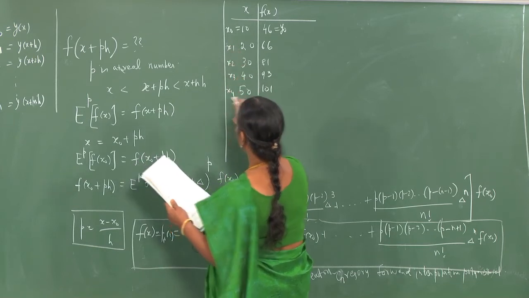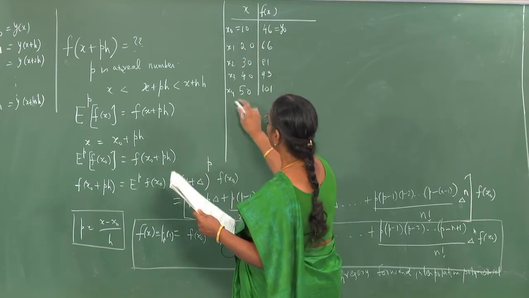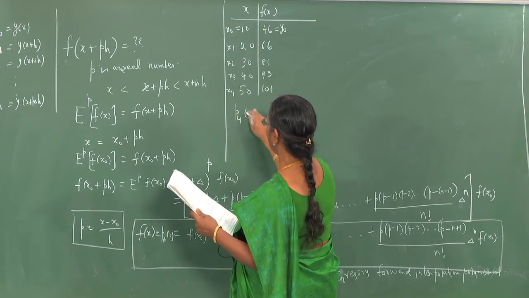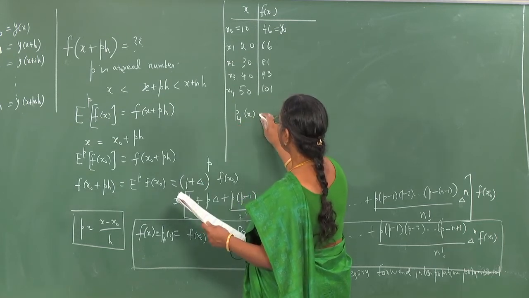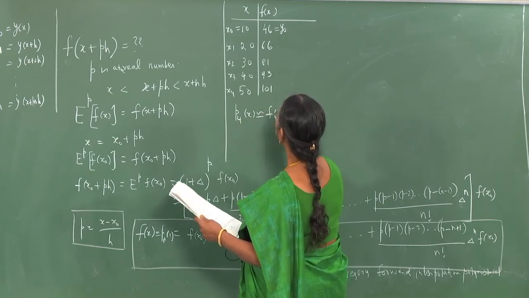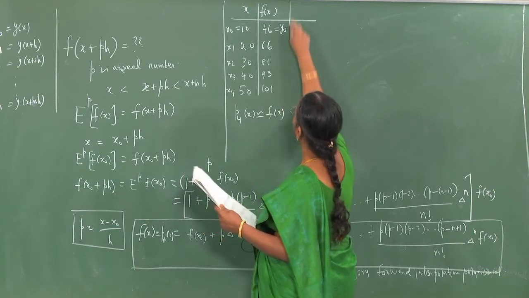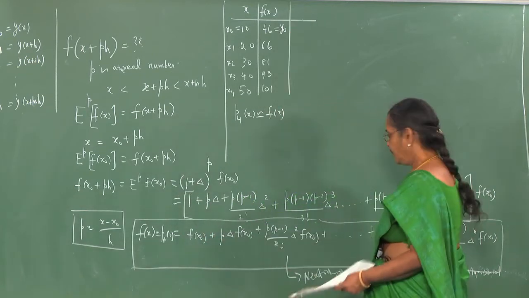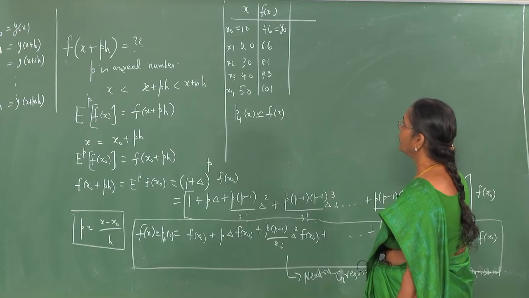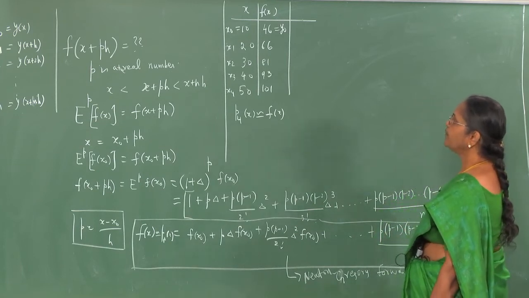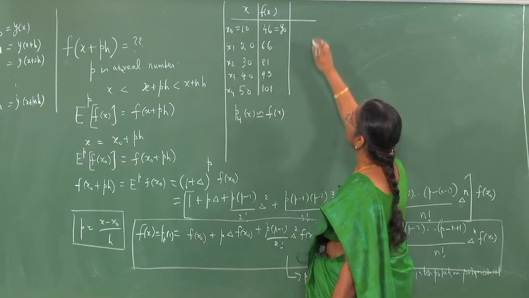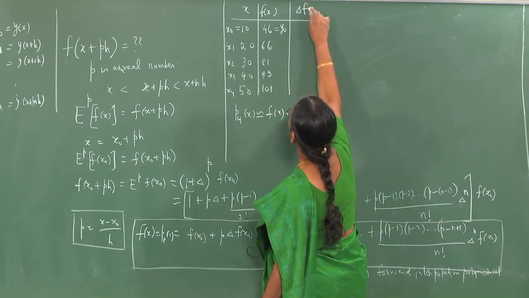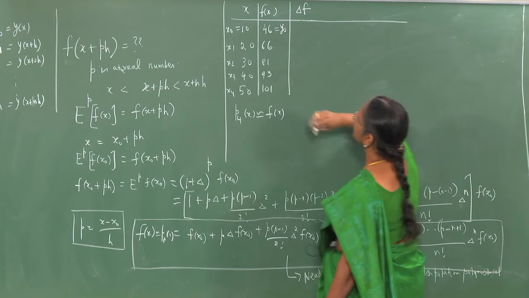We are given information at 5 points. So, we can look for a polynomial of degree 4 that approximates the given function f of x. So, we want to make use of the forward interpolation polynomial because we observe that the x values are equally spaced. So, we form the forward differences.